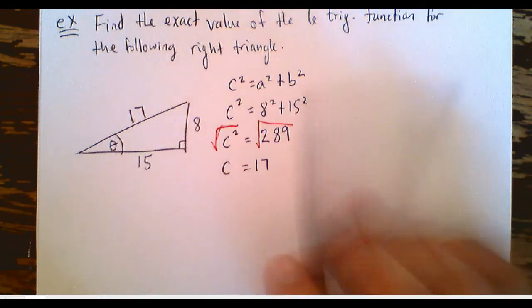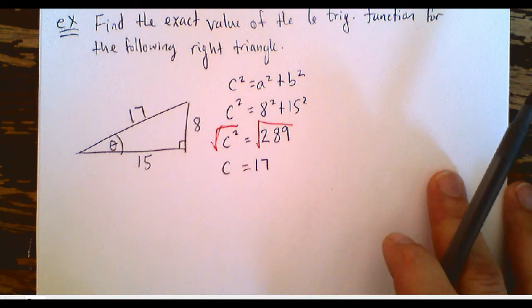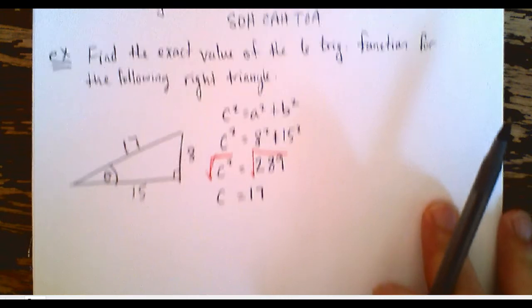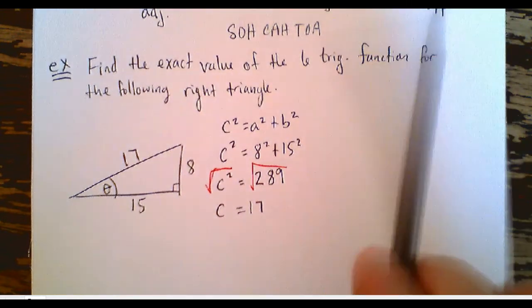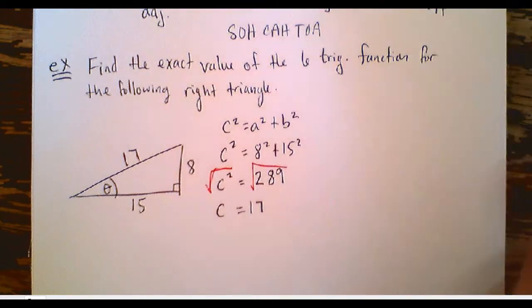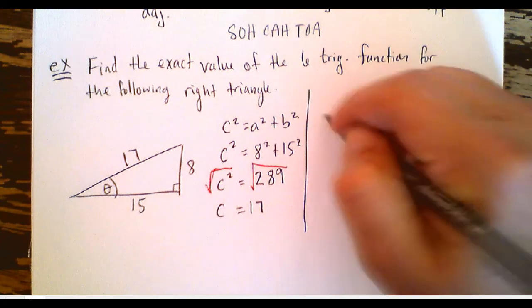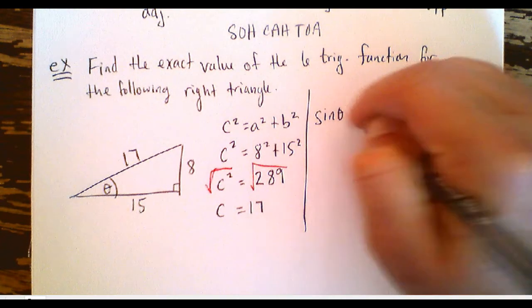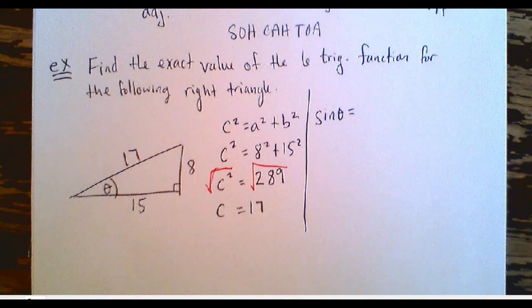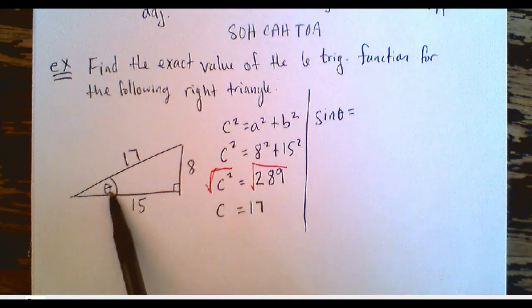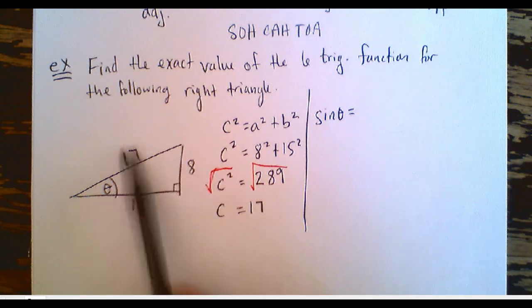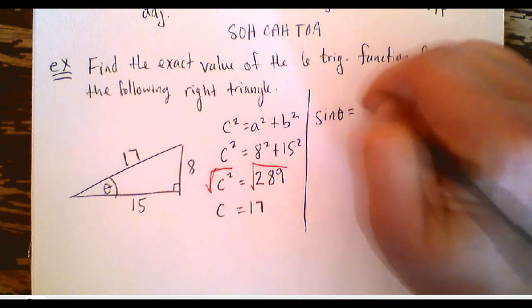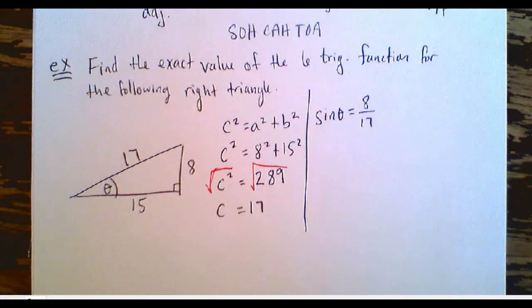Now we can start to form the trigonometric ratios. Remember, SOHCAHTOA can help us to do that easily. So we know that the sine of theta will be equal to opposite over hypotenuse. So the opposite side here is 8. The hypotenuse is 17. So the sine is 8 over 17.